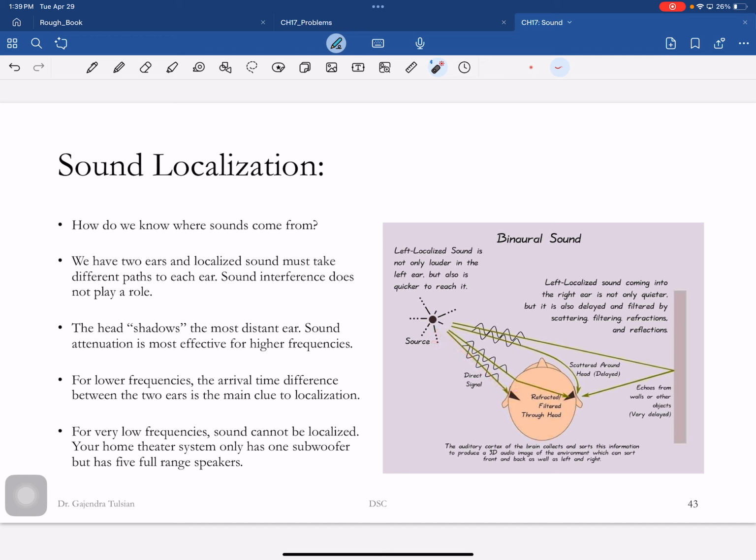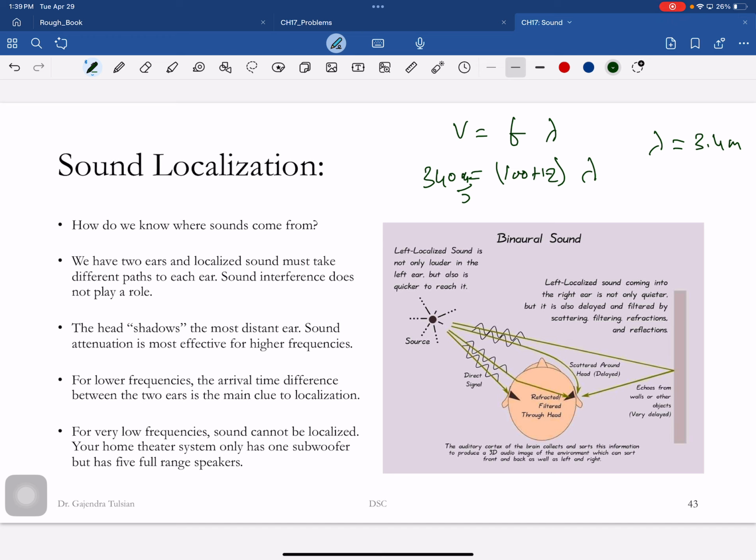Okay. For very low frequencies, again, speed of sound is frequency times wavelength. Let's say the speed of sound is 340 meters per second, and you have 100 hertz, then the wavelength would be 3.4 meters. 3.4 meters is roughly the length of those two tables.